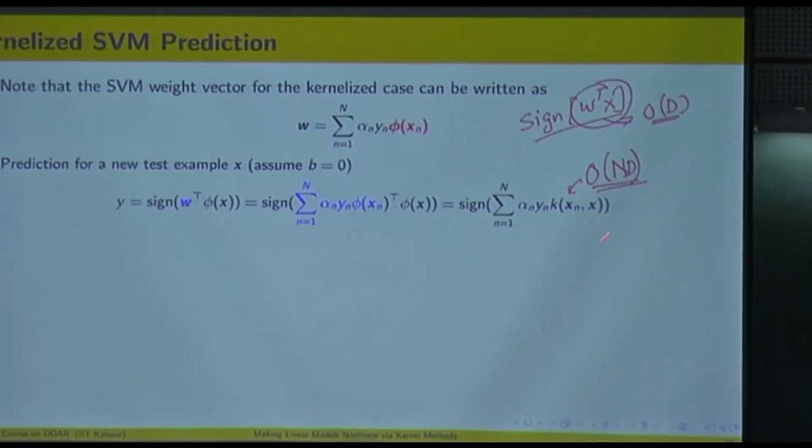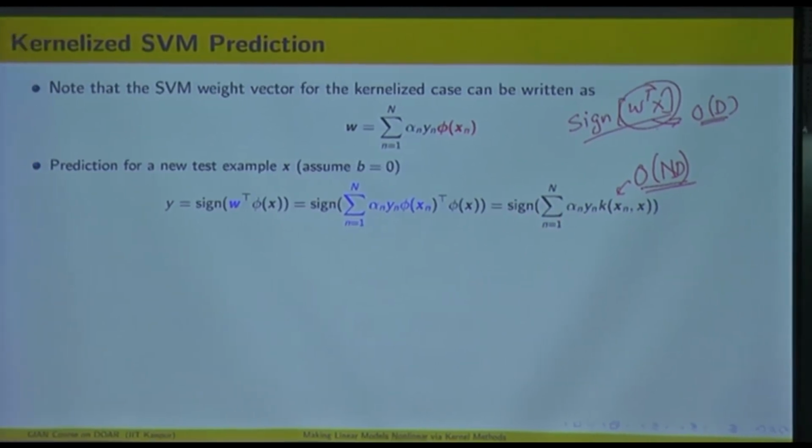Something like this is going on here as well, because even the kernel SVM, as you can see, makes predictions by looking at the test input and computing its similarity with every training input, right? And then weighting that similarity by some number alpha n, and then making a prediction.